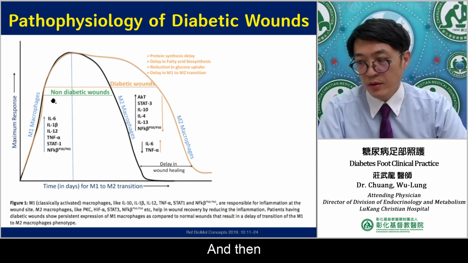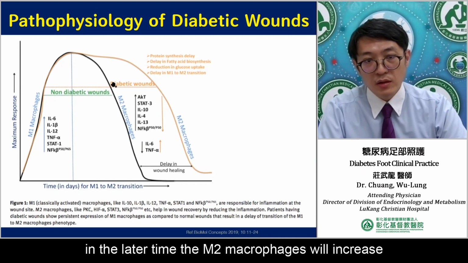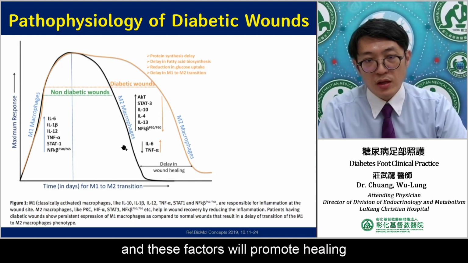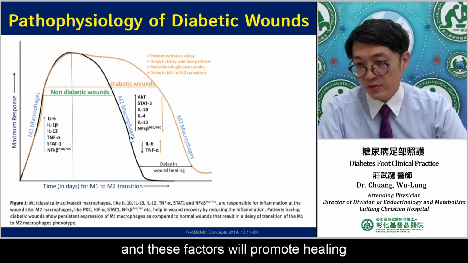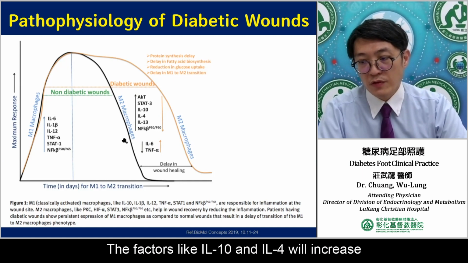Then, at a later time, the M2 macrophages will increase, and this phase will promote healing. Factors like interleukin-10 and interleukin-4 will increase.